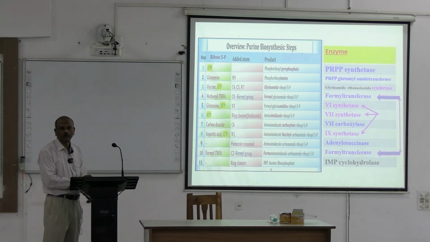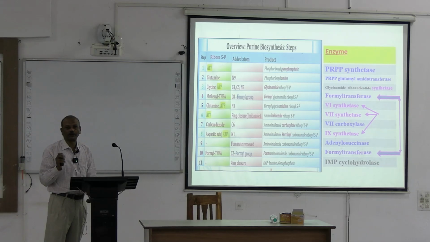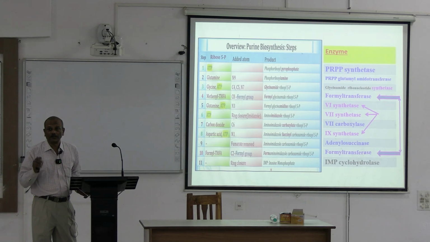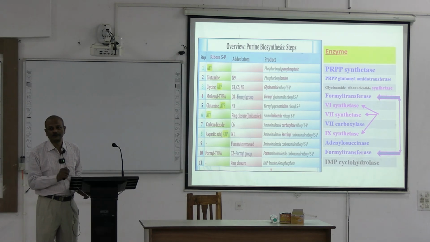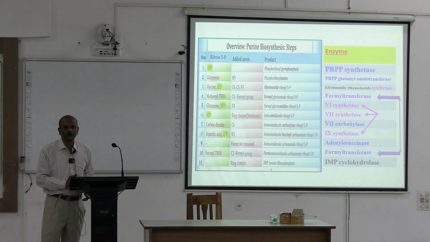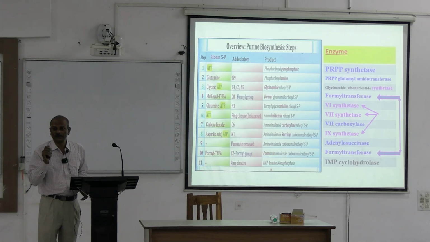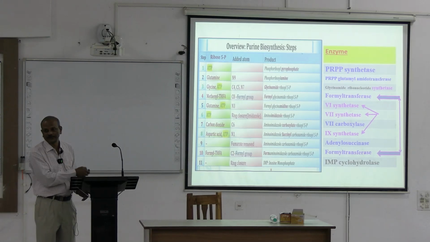One point I want to highlight, most of you are having Dr. D.M. Vasudevan's book, I have seen, they have written ribonucleotide. Ribonucleotide means a complete purine base is to be formed, which has not formed at all at this stage.